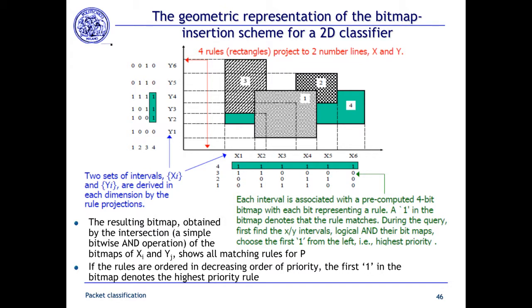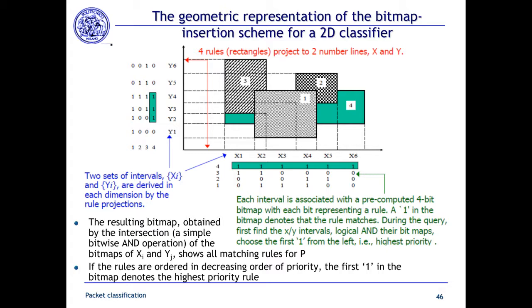And since we have sorted the rules in order of priority, we can find directly the result. What is the result? The result is the rule corresponding to the first one from the left of the resulting binary number, which is the result of the logical AND operation, because it is basically the rule that is matched on both dimensions and which also has the highest priority.